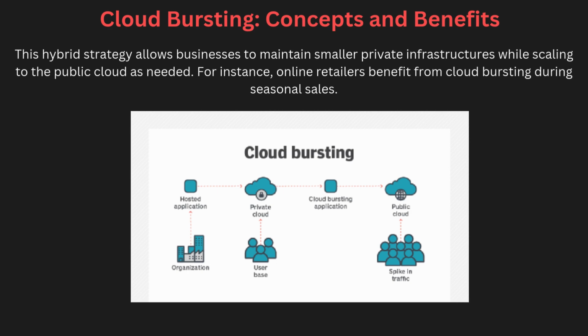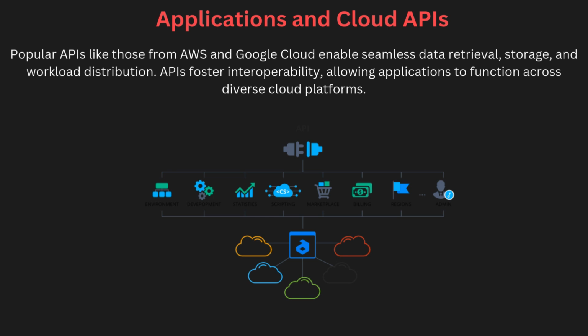Okay, so now applications and cloud APIs. Applications in the cloud leverage APIs to interact with cloud services. Cloud APIs simplify operations like data retrieval, storage management, and workload distribution, and popular APIs include those offered by AWS, Google Cloud, and Microsoft Azure.